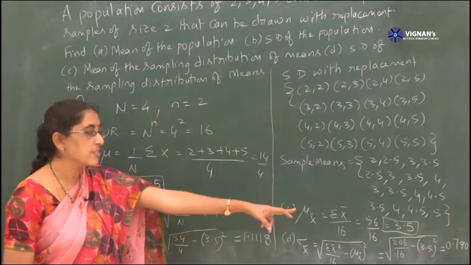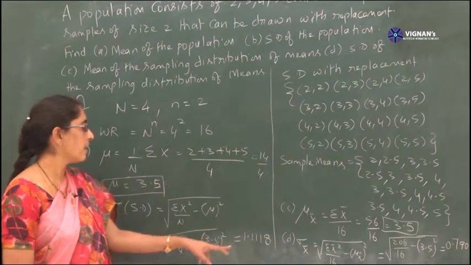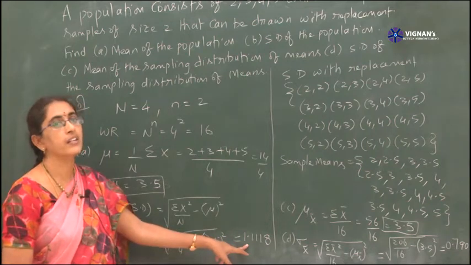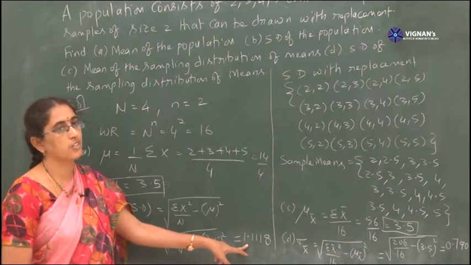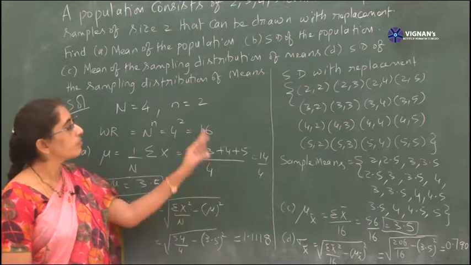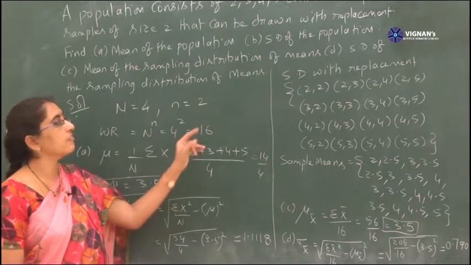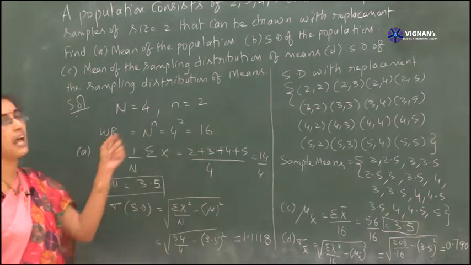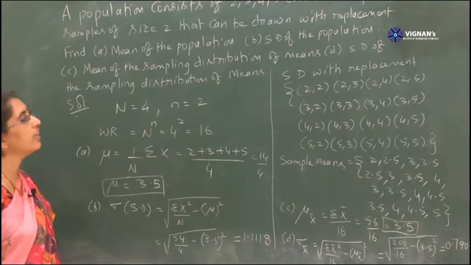So there we have 0.7906 and here we have 1.1118. That is the condition that should be satisfied. In this way we consider the with replacement samples and find the mean and deviation of the sample.